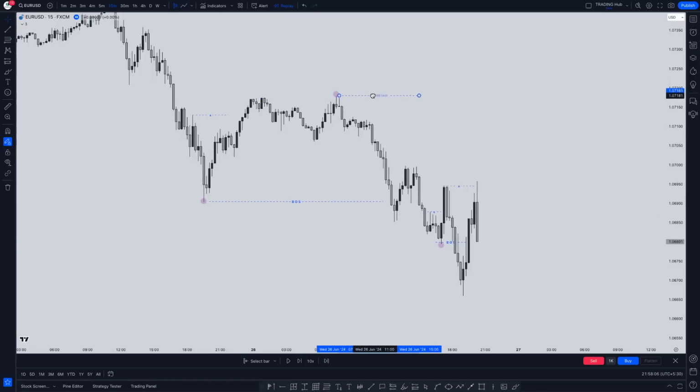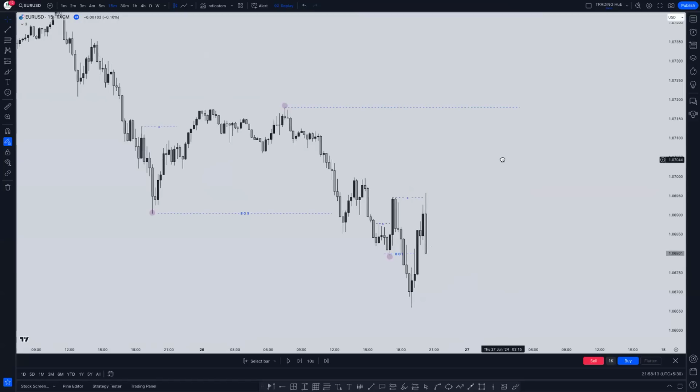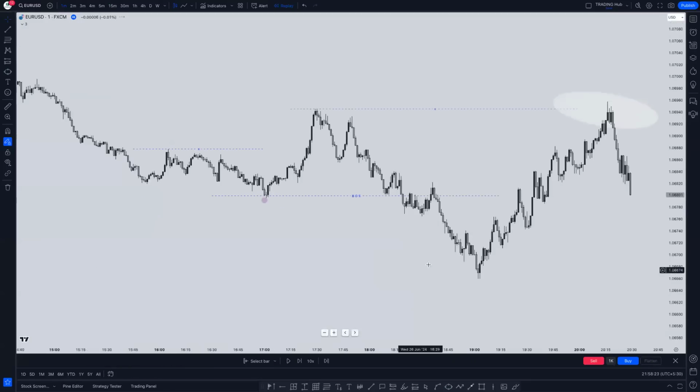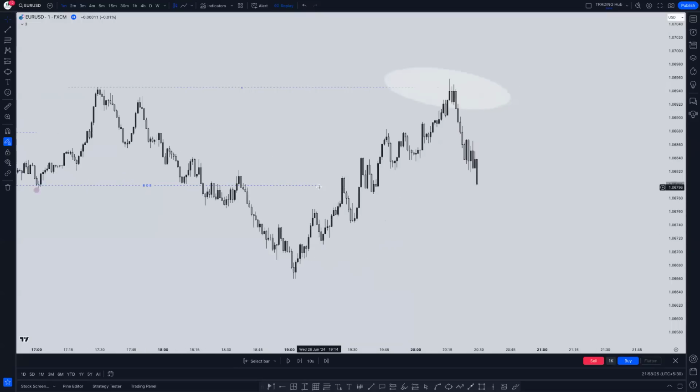So if the market breaks this high, which is our lower high, this will create a chop in the higher time frame, okay. So firstly, at this point, I'm going to switch to the 1 minute time frame to see whether any lower time frame entry is possible or not. This is our criteria here.